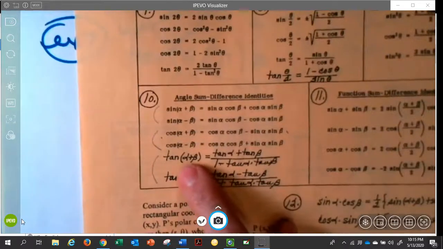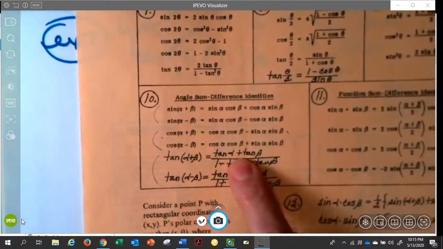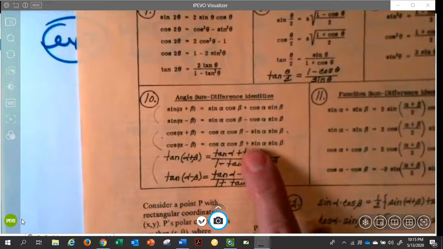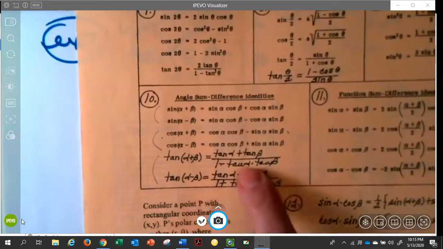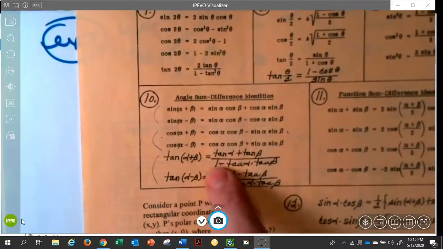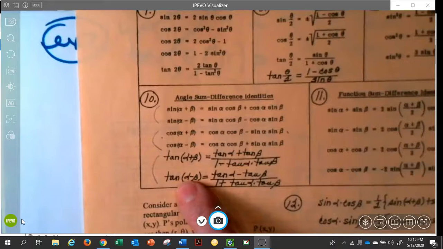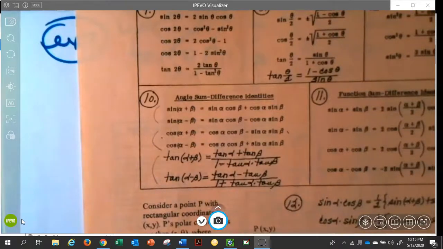And so when we had the addition, we had addition in the numerator. We added them. When we had the subtraction, we added them in the numerator. Both of them have 1s in the denominator, and both of them have a product in the denominator, but the sign that we start with is different in the denominator. And in this case, we have the plus.